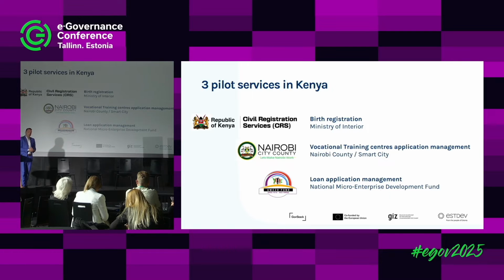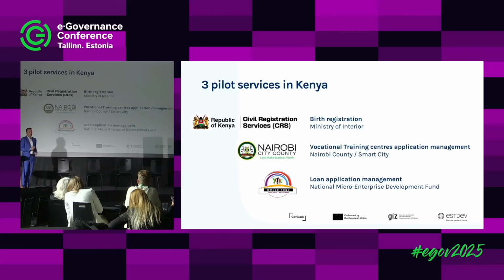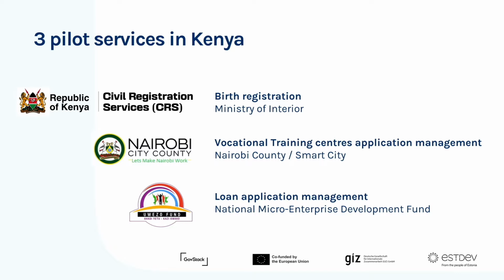Right now in Kenya, together with ESTEV, the European Union and GIZ, using GovStack principles, a project has been going on since last year to pilot 3 services. The first is the Civil Registration Service of Kenya, to digitalize the process of birth registration.